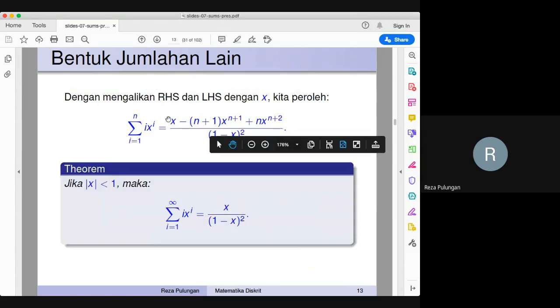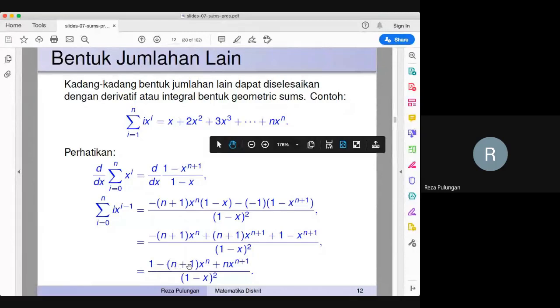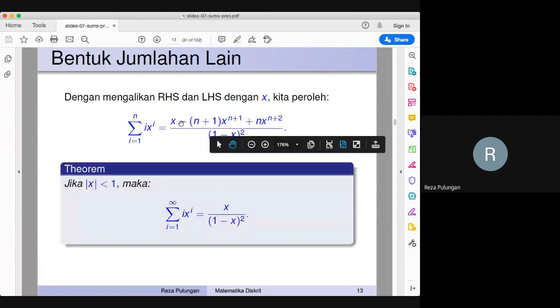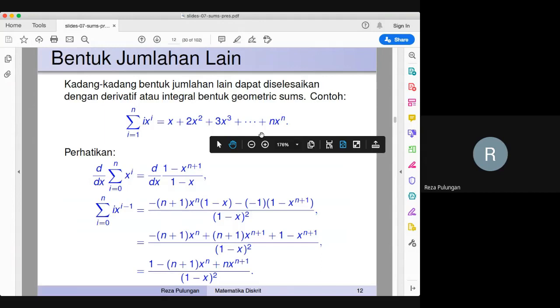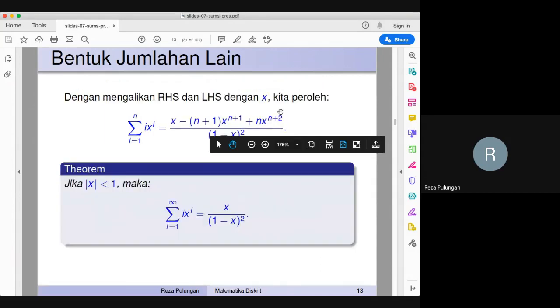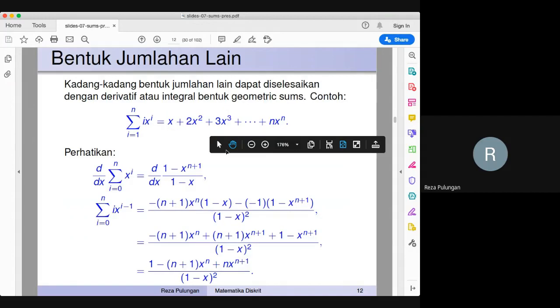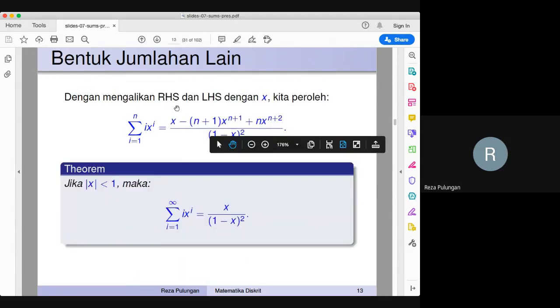So here is 1 minus x to the n plus 1, multiplied by x to the power of n, and this becomes x minus n plus 1 multiplied by x to the power of n plus 1, and this one becomes n x to the power of n plus 2 here.